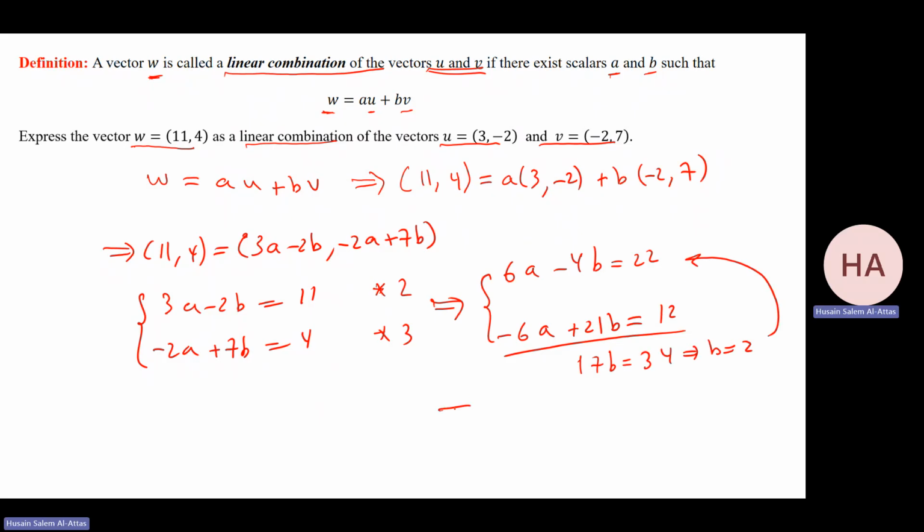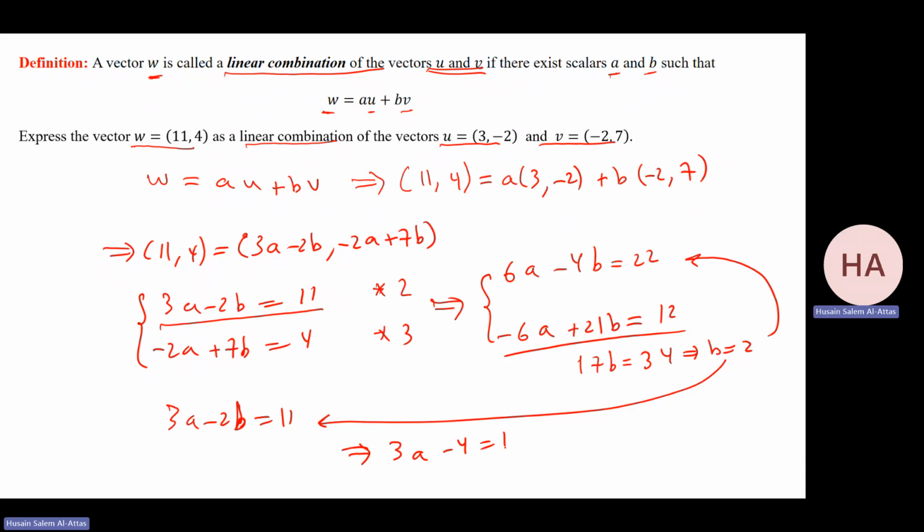Plug it in; I can plug it into any of these equations. Since I have 3A minus 2B equals 11, let me plug it here, better. So 3A minus 4 is equal to 11. That means 3A is equal to 15, so A is equal to 5. A equals 5, B equals 2.